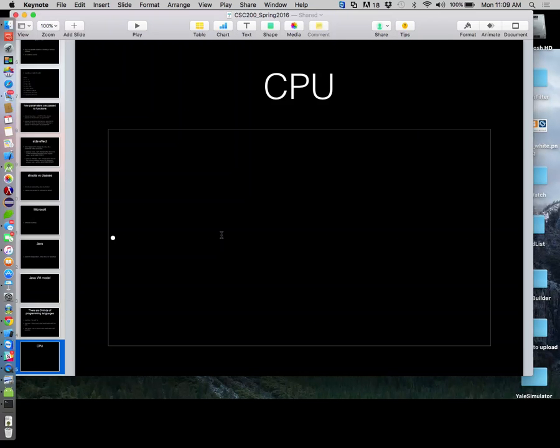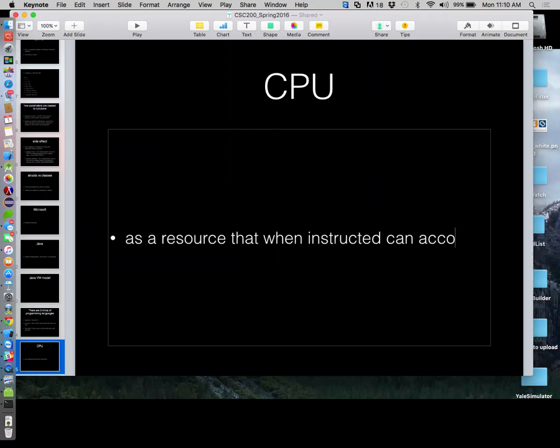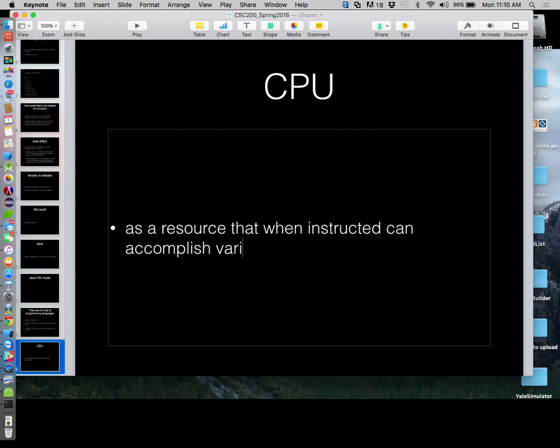So the CPU is kind of a resource, right? And ultimately, it's us as humans at the top of the food chain, I guess, in this whole relationship, that has to dictate to the CPU what it needs to do. And then internally, it somehow knows how to do either math problems or some other things. So we want to think about the CPU as a resource that, when instructed, can accomplish various tasks.